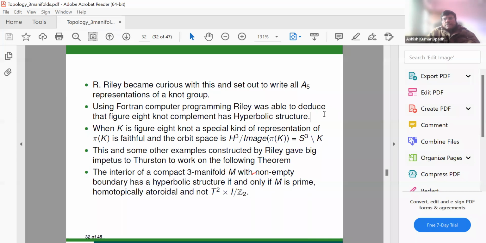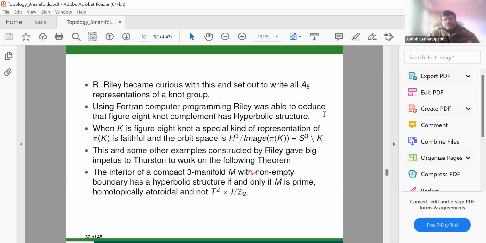From here, geometry becomes important in the study of topology of three manifolds, where everyone was trying to answer Poincaré's conjecture.